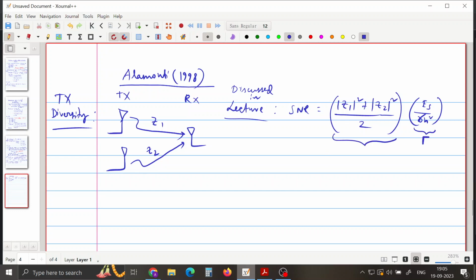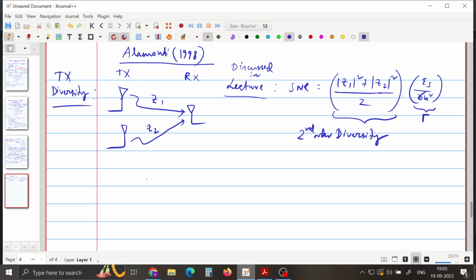And you see there are two components, mod Z1 squared and mod Z2 squared. So this is actually second order diversity. This was already discussed in class.